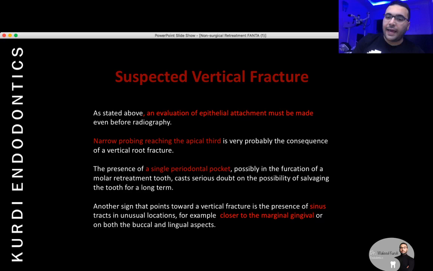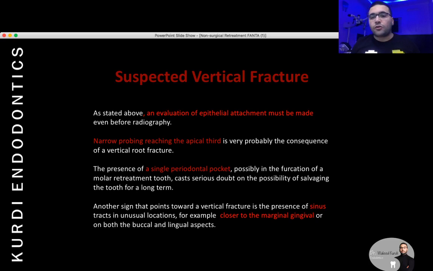In my clinic, if I want to diagnose a vertical root fracture, I will start with the periodontal probe to check the periodontal probing depth. If I have a vertical root fracture, you will have a narrow, very deep probing defect related to the root with the problem.